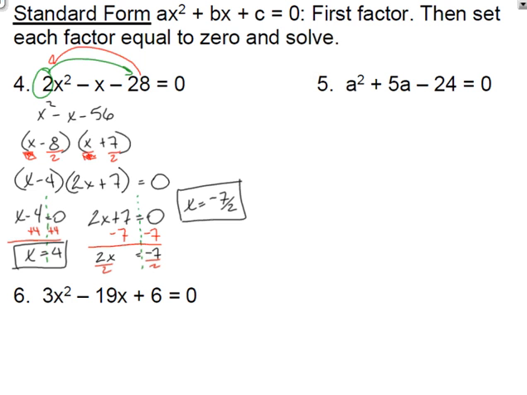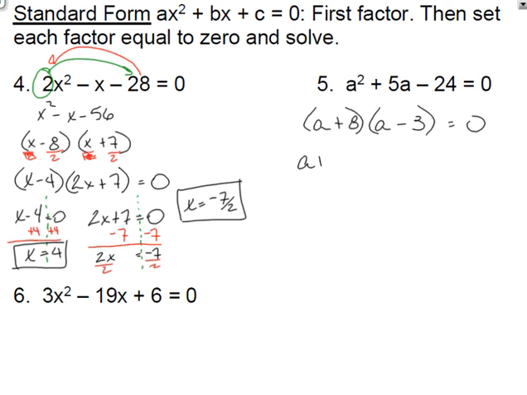Looking at example 5, my leading coefficient is already 1, so I can automatically drop in an a and an a, and say, what can I multiply to get 24 but subtract to get 5? Well, that would be 8 and 3. I get a plus 8 and a minus 3, so I need a positive 5 when I add those together.